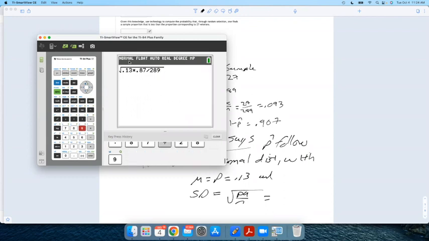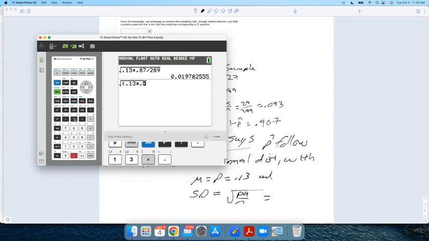Everything I type needs to be under that radical. Some calculators don't do that automatically, so you need to put parentheses around all this: open parenthesis, 0.13 times 0.87, divided by 289, then close the parenthesis, then hit enter. Make sure you're getting that number that you see on my screen right there.